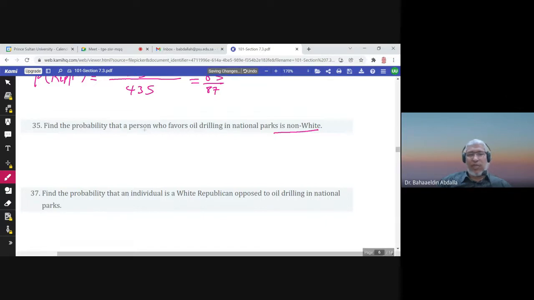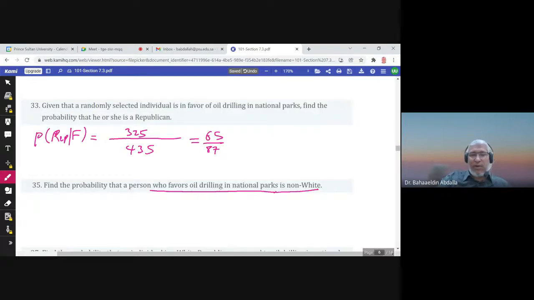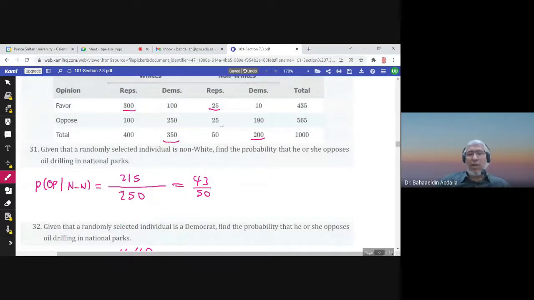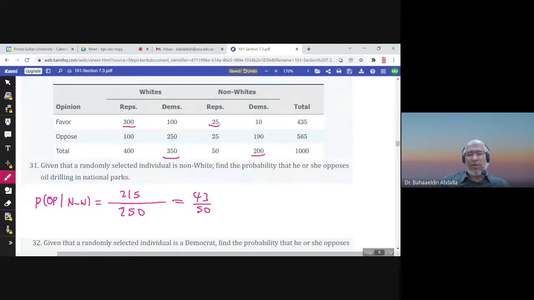So we know that this person is in favor, and we want the probability that he is non-white.